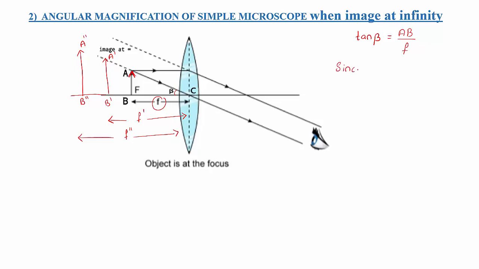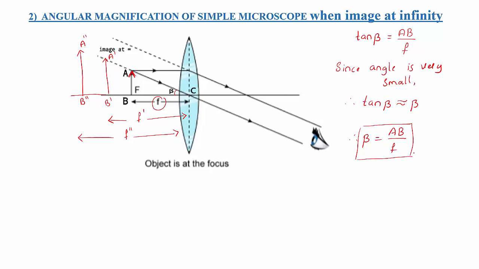Again we can neglect the trigonometric function since the angle is very small. When the angle is very small, it is not necessary to consider the trigonometric function. Therefore tan beta can be written as beta. So beta equals AB divided by F, right?